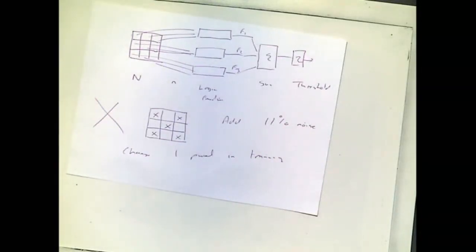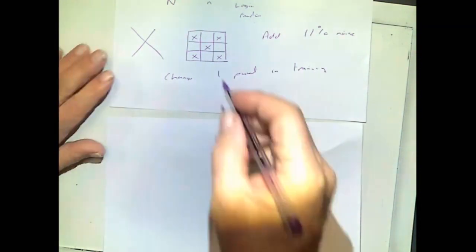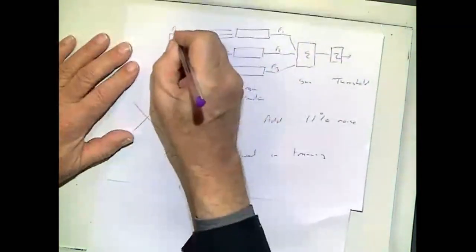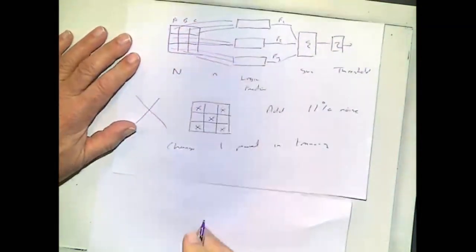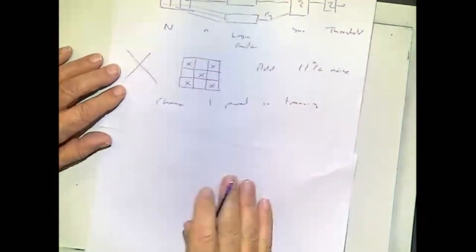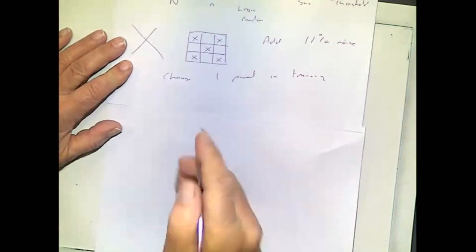Right. So let's train that network on that data, and let's call the input ABC. And let's now have a look at F1.